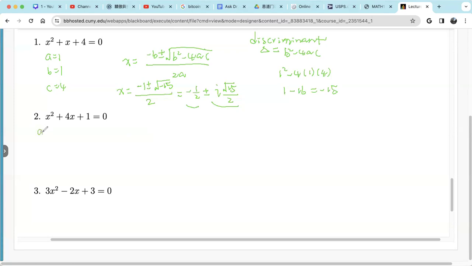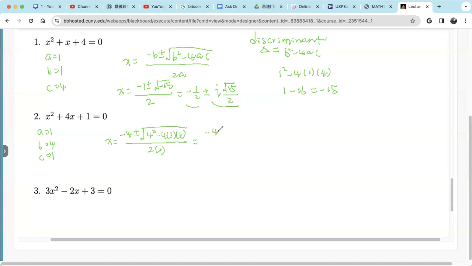Well, let's see this one. a equals 1, b equals 4, c equals 1. So x equals negative b, negative 4, plus or minus the square root of 4 squared minus 4 times a times c, all divided by 2a, 2 times 1, right?